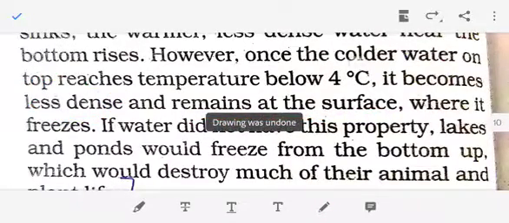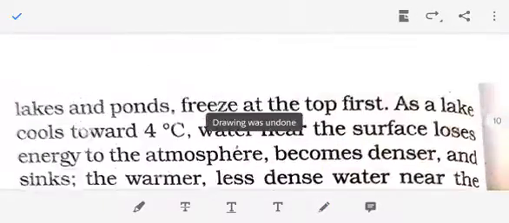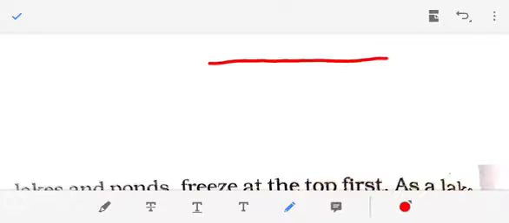The greatest density is at 4 degrees Celsius, and that water will stay under the free surface, because at this point the density is greater, that is 1000. If density is greater, it will remain below the other water molecules.